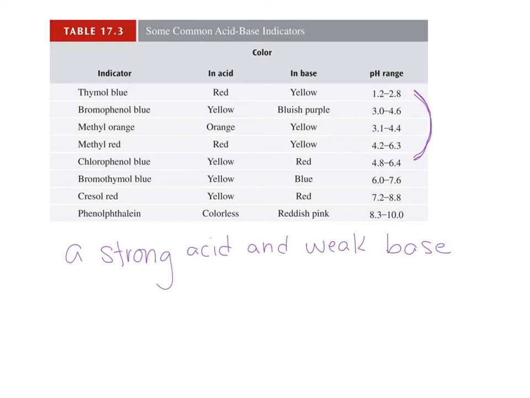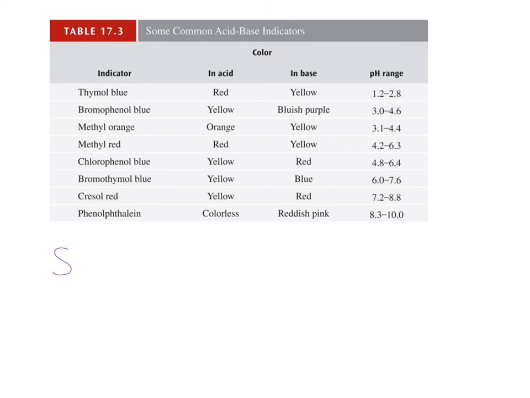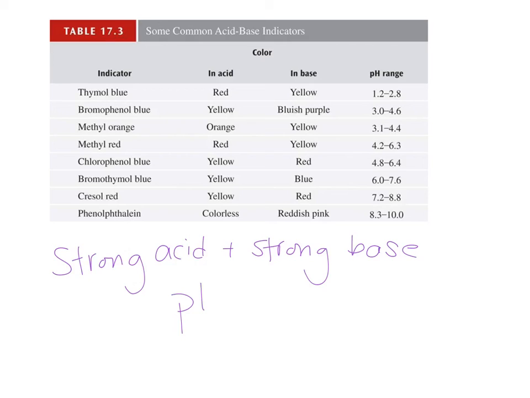Now, what if I wanted to do the strong acid and strong base? As I've already kind of mentioned, the pH will be around 7, right, for the equivalence point.